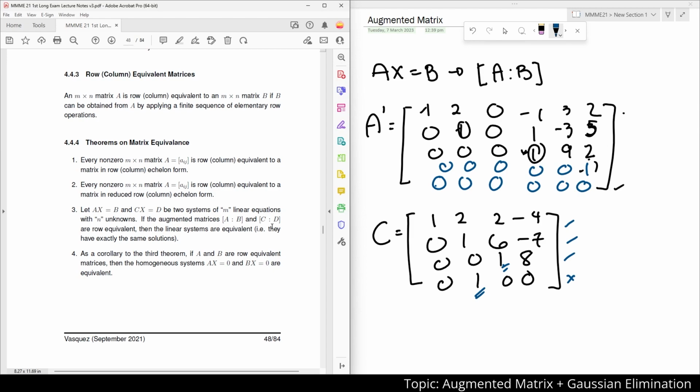So row equivalent matrices, an M by N matrix A is row equivalent to an M by N matrix B if B can be obtained from A by applying a finite sequence of elementary row operations, which is yung kanina nating ginawa. Yung kanina nating pinakita or yung ginawa natin last time.